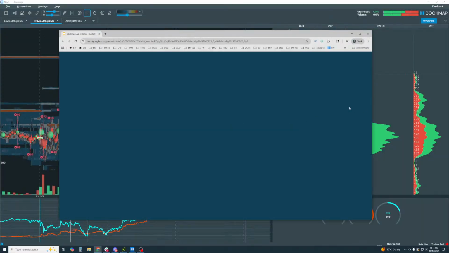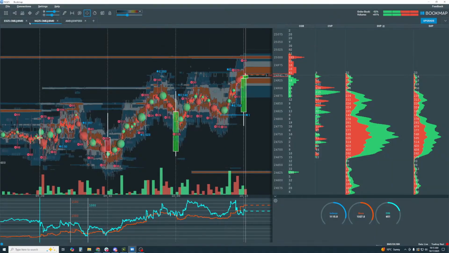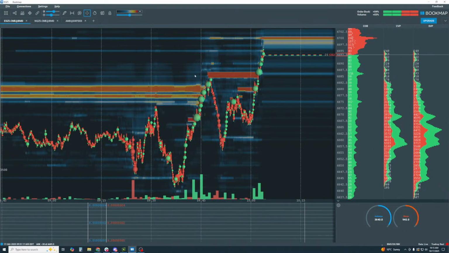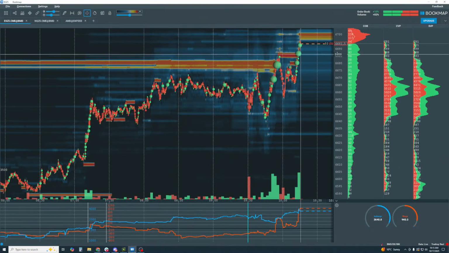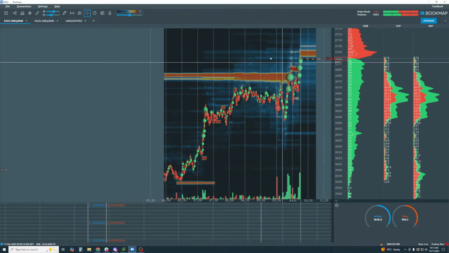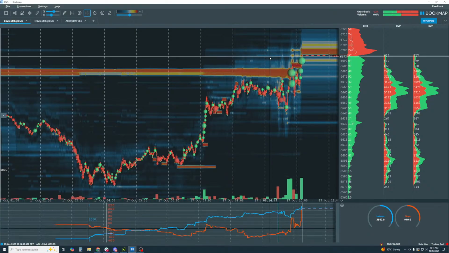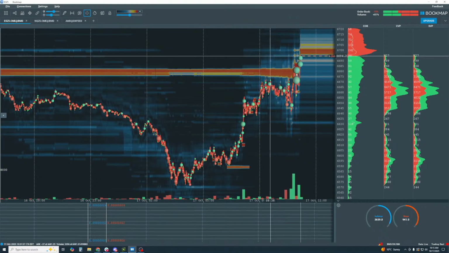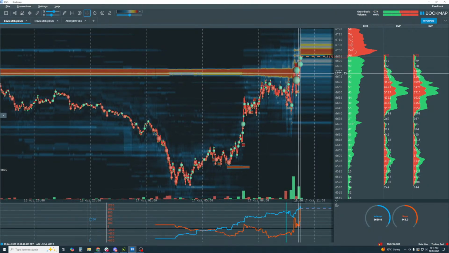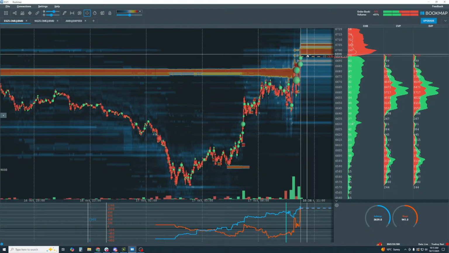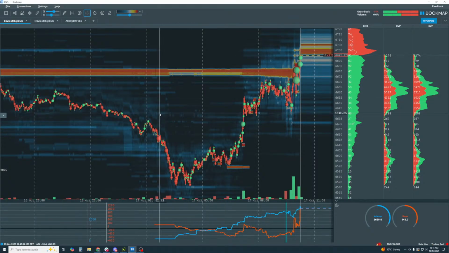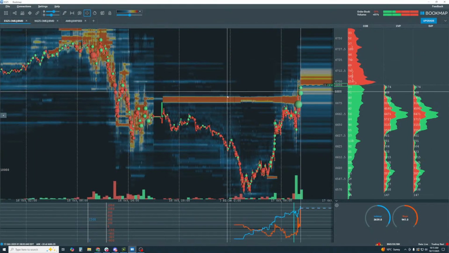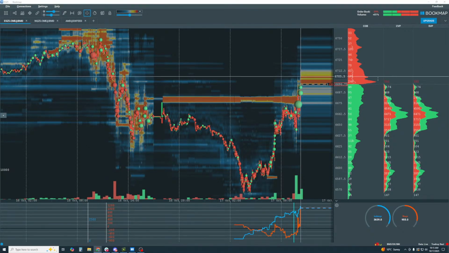All right, let's jump in. That's the NASDAQ. Let's jump over to the S&P, and wow, look at that. It is one heck of an environment out there. Look at all of that liquidity up in here, and we just traded into and through it. This is crazy stuff. I don't think there's been any news to justify this kind of move. There are no releases today.